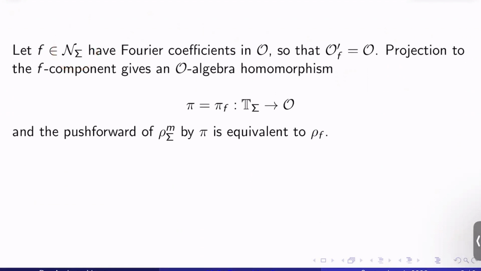So we're going to take a newform F there, and we're going to let it have Fourier coefficients in O so that its local ring is just O. Projection to the F component then out of the Hecke algebra gives me an O algebra homomorphism, which I'll call pi from T sigma to O. And the pushforward of the universal modular type sigma deformation by pi is, of course, just equivalent to rho F by essentially the defining properties of universal modular deformations.